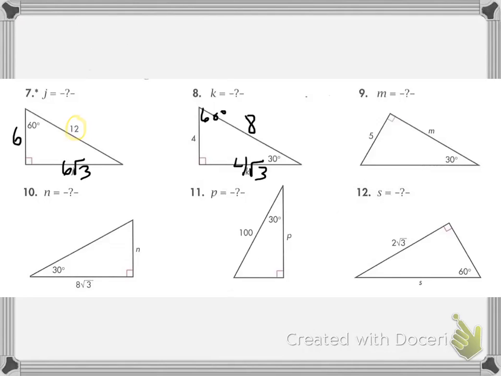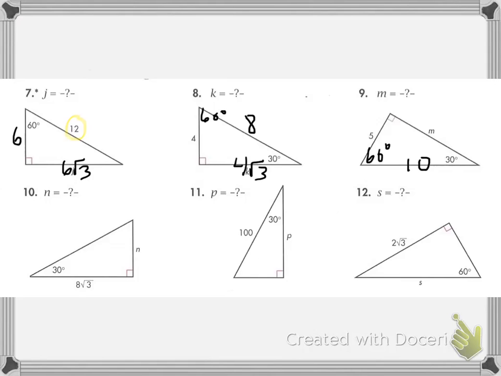So let's do the same thing now on number 9. Okay, so we know this is the 60 degree angle here. Okay, so we'd like to get m. And we know that the 5 is across from 30, so we need the hypotenuse, which is double.